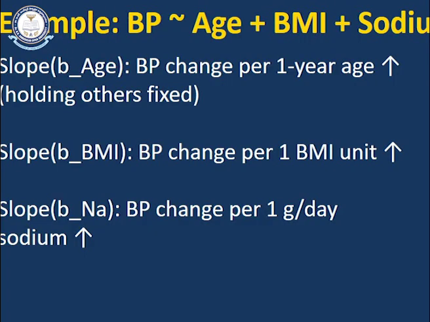You will also try to adjust each of these effects for the confounding variables, that is, to control the measures. One of the examples of multiple regression analysis is blood pressure, or BP, as a function of age plus BMI plus sodium. The slope here is B age: BP changes per 1 year increase in age, holding the others fixed.